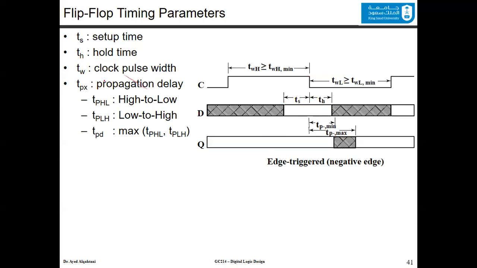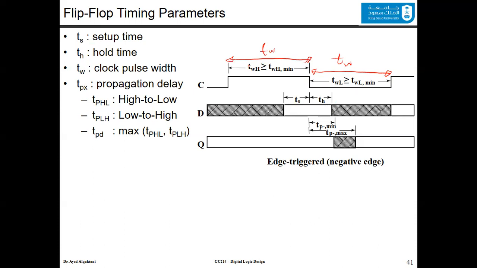We have another important time, which is the TW, or the width of the clock pulse. So we have TW here. We also have another TW here. In an ideal case, those two TWs would be the same. However, sometimes this width is different than the other width.